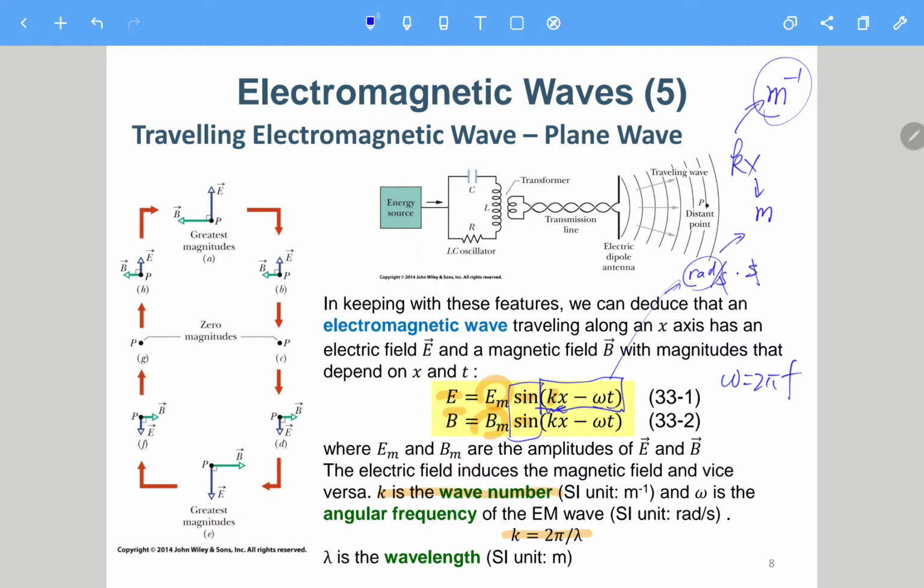This is called the wave number. The idea is, in 1 meter, how many waves you can count. Lambda is the wavelength, so k equals 2 pi over lambda. kx becomes 2 pi over lambda times x.